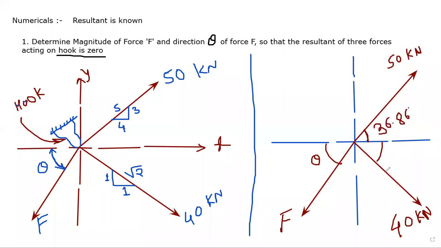Okay. So now next, tan inverse 1 by 1. So tan inverse of 1, how much? 45 degree.